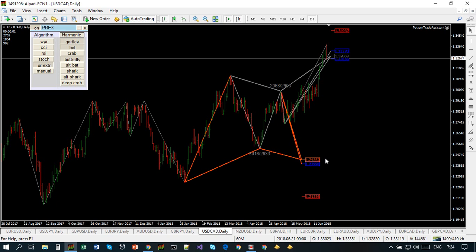For me, this increases the probability. The more traders see the pattern, the more traders will take action according to this pattern. Very good. So expect this to fall for the next week.